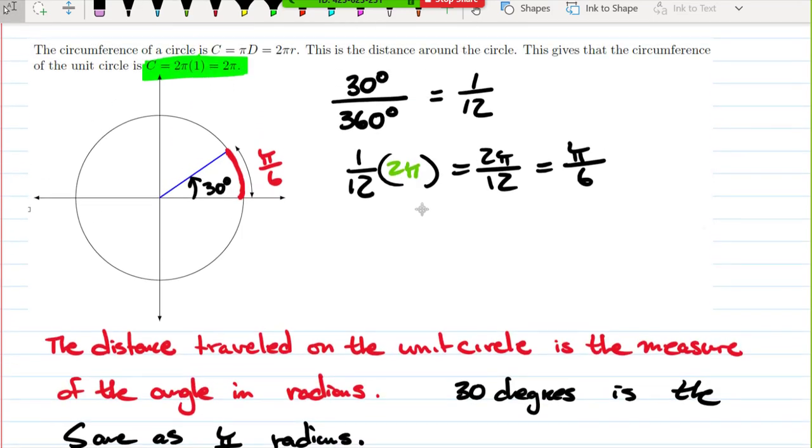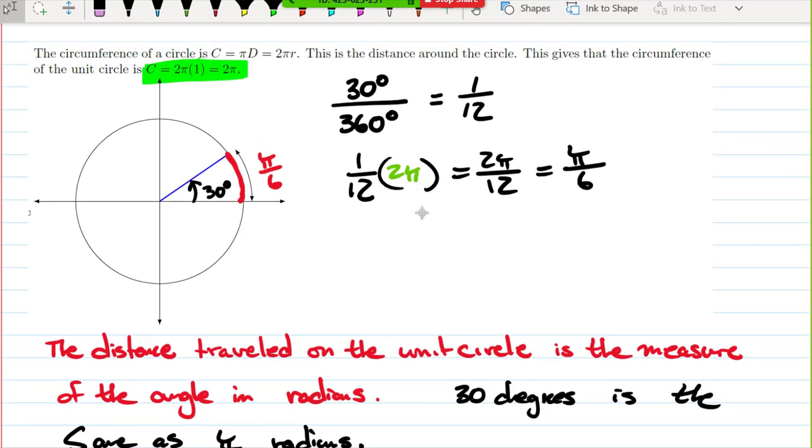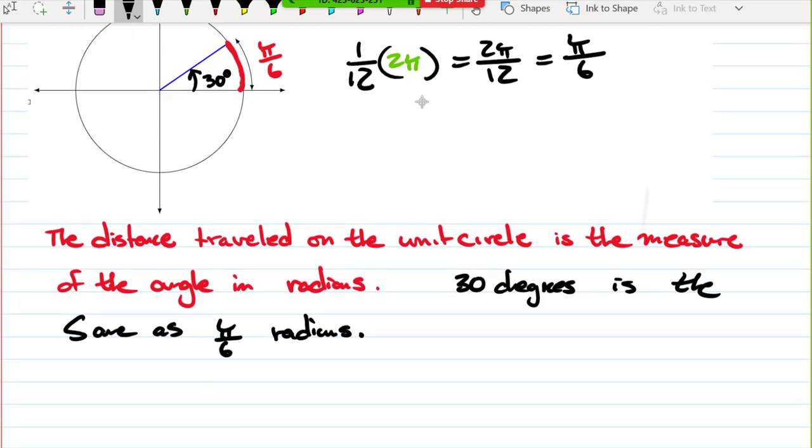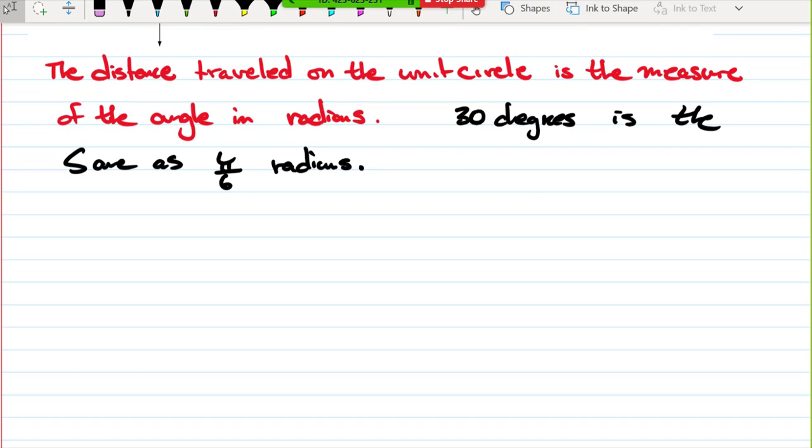So let's go back and look at our diagram a little bit. So we really came up with this idea that we converted from degrees to radians by finding the proportion of the circle. Well, it turns out we can generalize that idea.